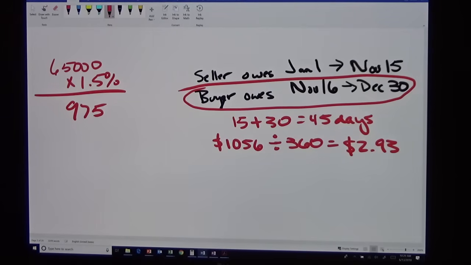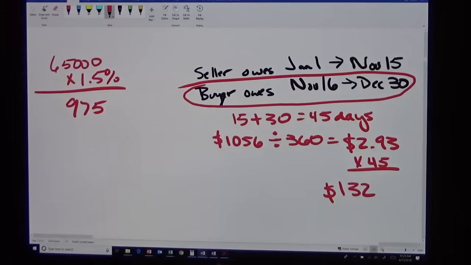It's actually $2.933333. It just keeps going on. Per day times 45 days. So if we just do times 45 days, we end up with $132. And if you've got a few cents over or above or below that, it's fine. 132, 133, 131, anywhere in there, it's going to be fine.